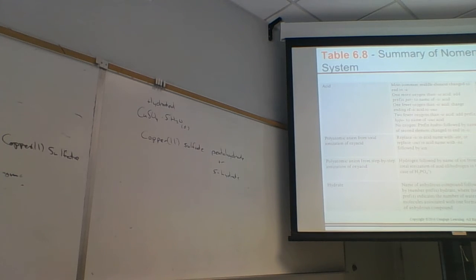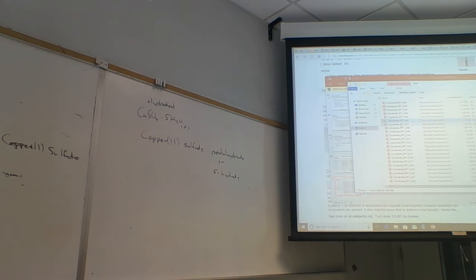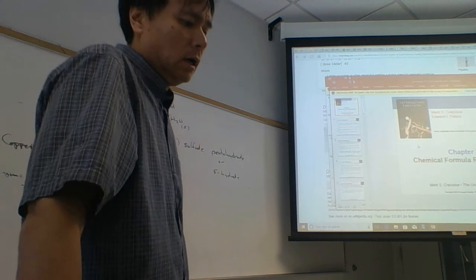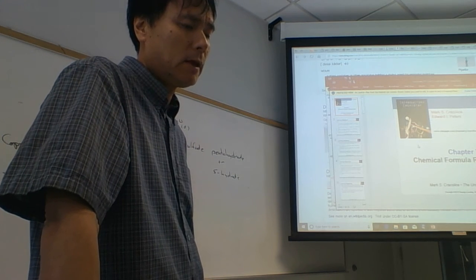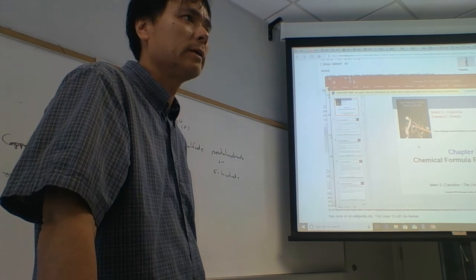So that's chapter 6. So we're going to have some memorization to do here. What is chapter 7? Let me just take a peek. Chemical formula relationships. Get that later, but we have a lab on Thursday. It's nomenclature, and it's going to be exercise A in your lab supplement.